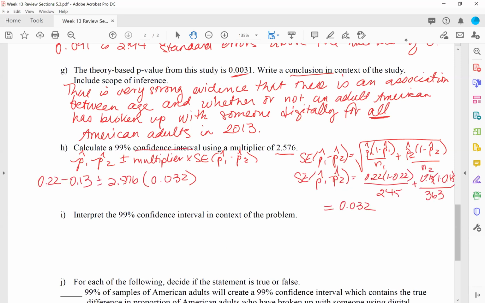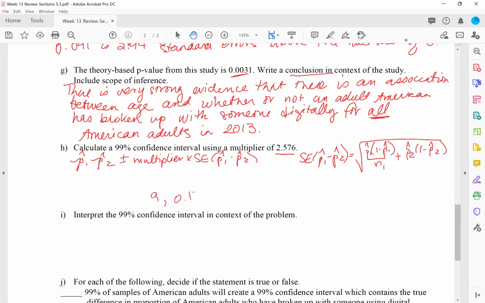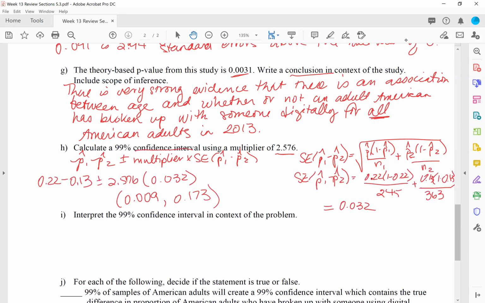And remember the 2.576 times the standard error, the 0.032, that's our margin of error. And this gives me a confidence interval of 0.009 to 0.373, and it does not include the value of 0. It's a little close to 0, but it's not including 0.